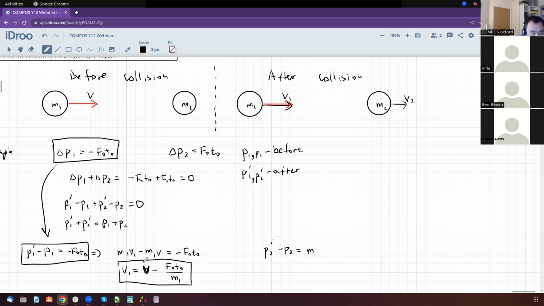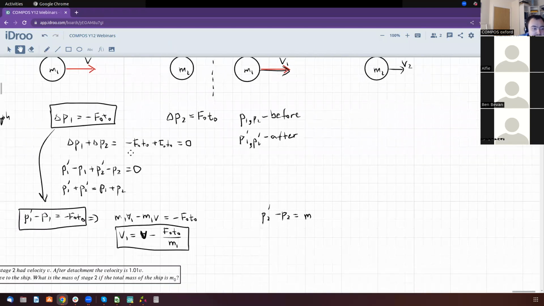And when we rearrange it, this stays minus from the very beginning.